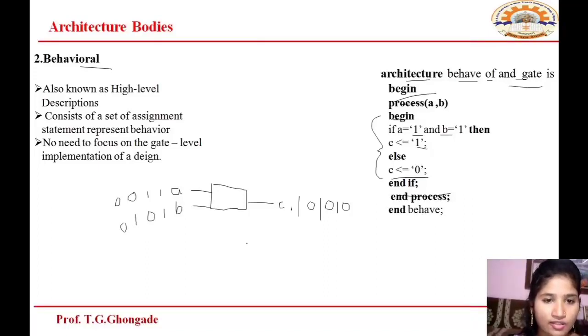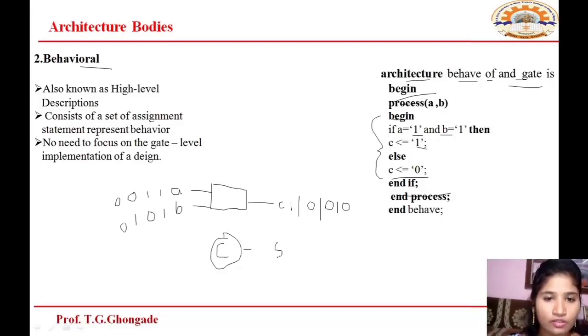Now the question is, if you don't worry about your gate level implementation, then who would worry about it? The answer to that question is, when you write VHDL code, you put it through a compiler. The compiler is somebody who understands the VHDL language and gives it to synthesis tools.